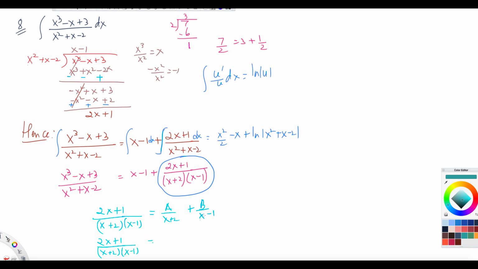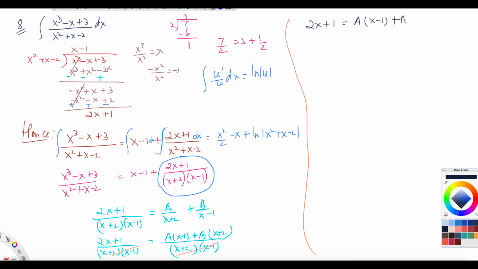And then equals to a times x minus 1 plus b times x plus 2, right? And then you cancel the denominators. What is left there is basically 2x plus 1 is equal to a times x minus 1 plus b times x plus 2.